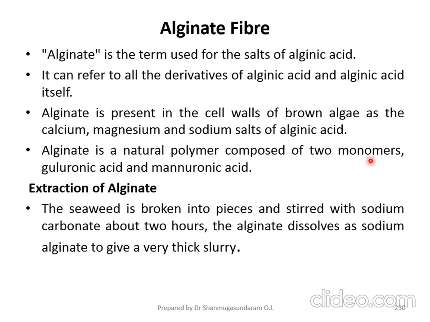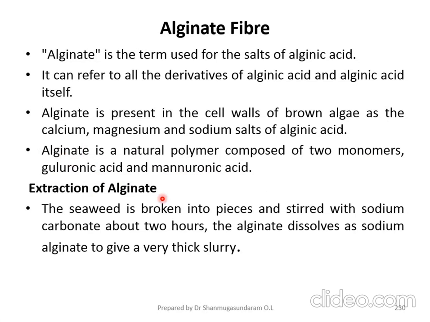What are the two monomers? One is guluronic acid. The second one is mannuronic acid. So these are the two monomers for the production of alginate.